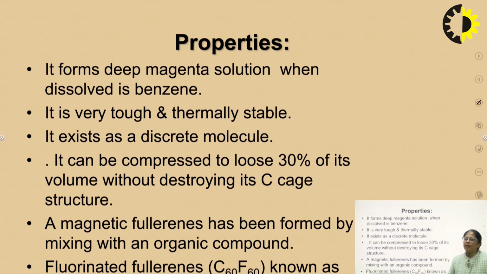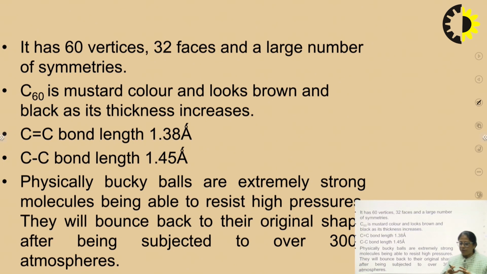Now this fullerene can be compressed to lose 30% of its volume without destroying the carbon cage structure. That means the fullerene structure can be compressed to 70% of the original size, but the carbon cage structure is not going to get destroyed. That means it has very high stability.